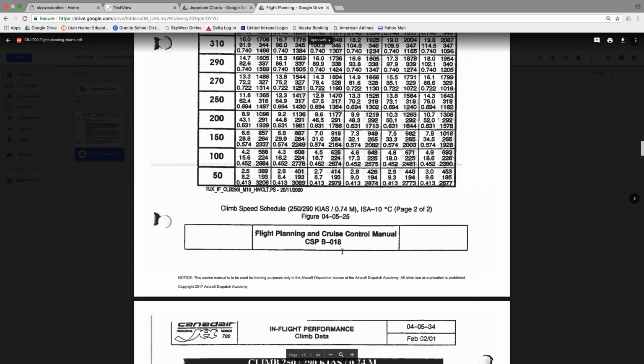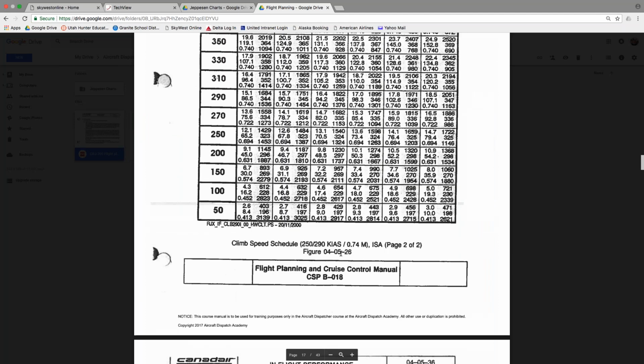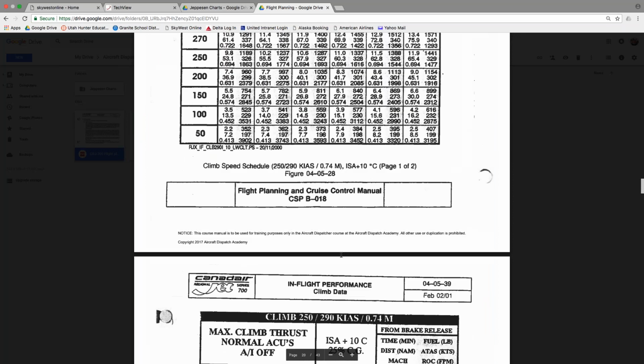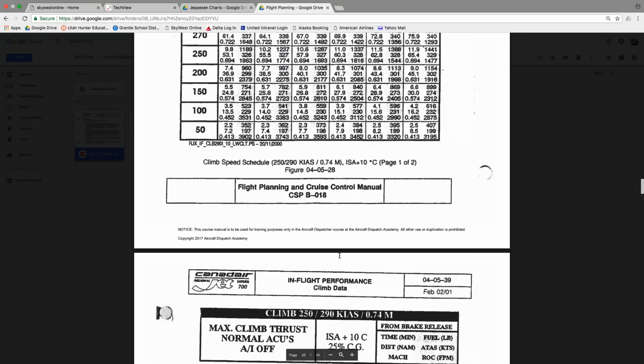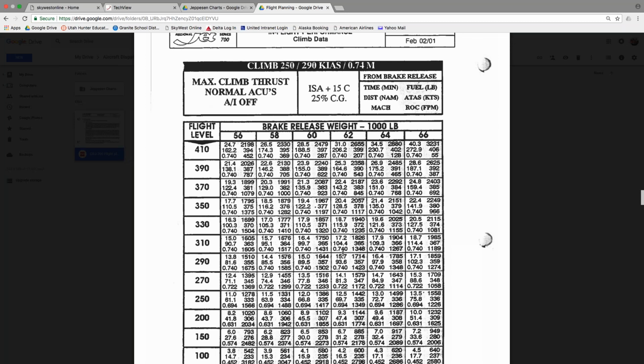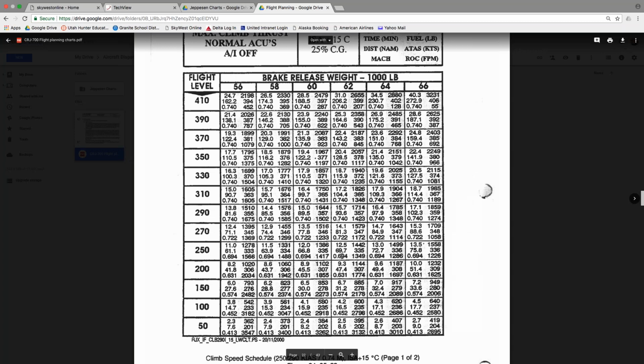Okay, and we've got to go to the plus 15 chart because that is our ISA deviation in Denver. So we go to ISA plus 15, and what was our takeoff weight? 64,000. Okay, so lucky you guys. 64,000 pounds. And what was our flight level? 380. So we're between these two boxes right here.